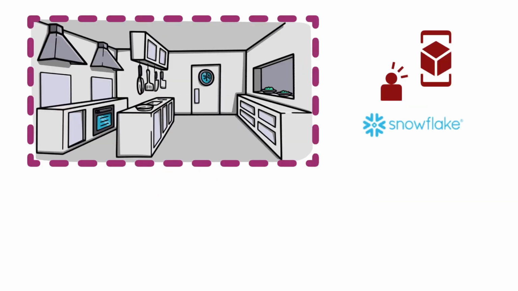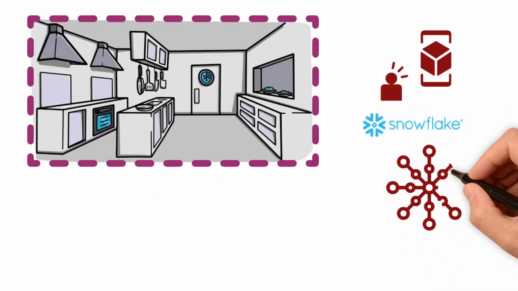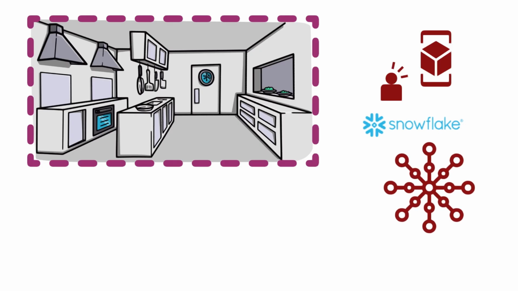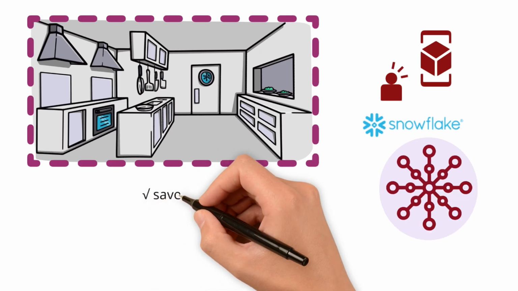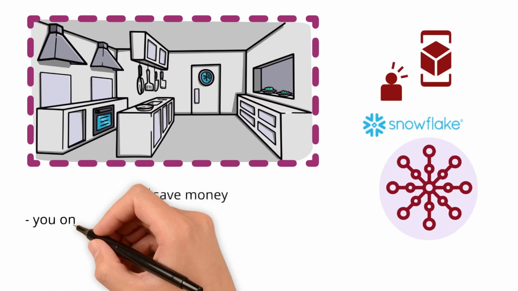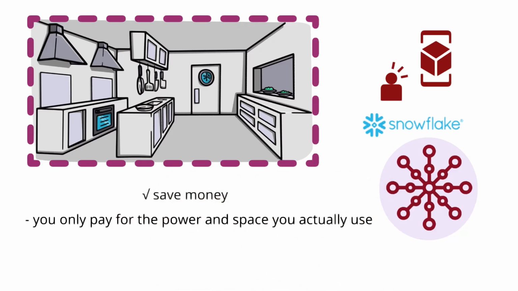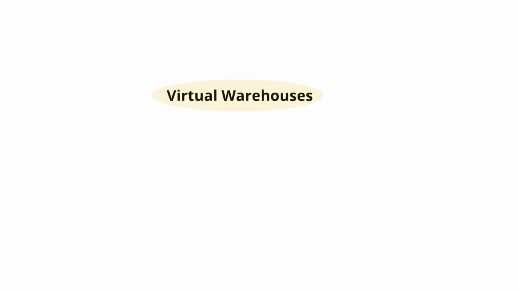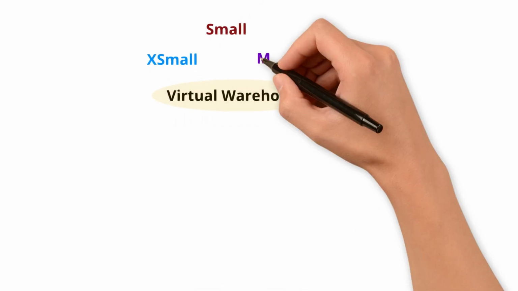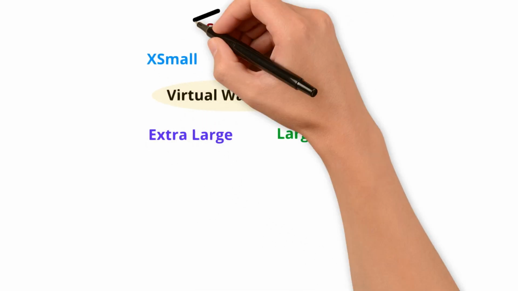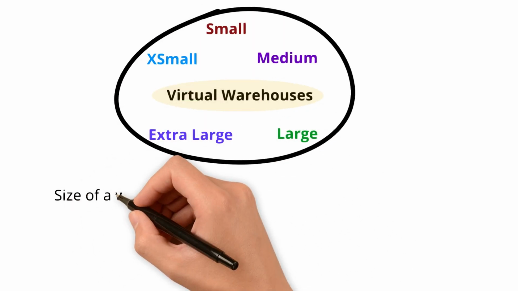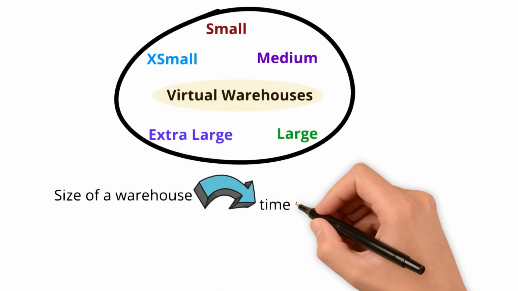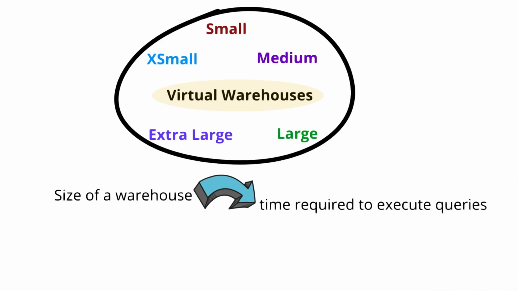In Snowflake, this kitchen is scalable, which means you can make it bigger or smaller depending on how much work you need to get done. This flexibility helps you save money because you only pay for the power and space you actually use. Virtual warehouses come in various sizes like extra small, small, medium, large, extra large, and a few more. The size of a warehouse can impact the amount of time required to execute queries.